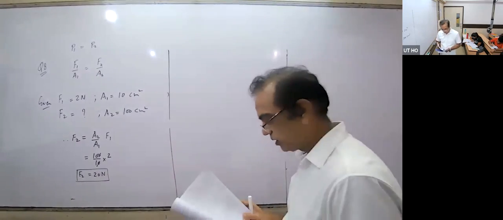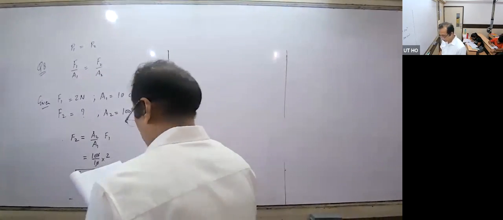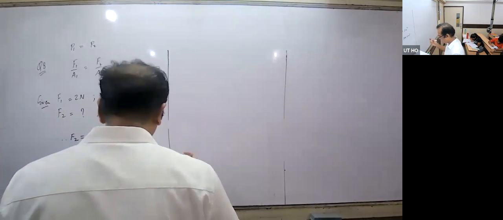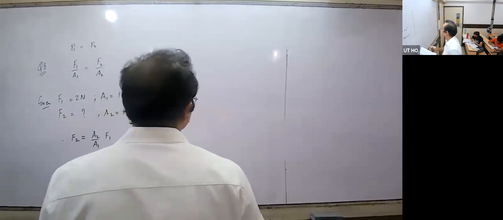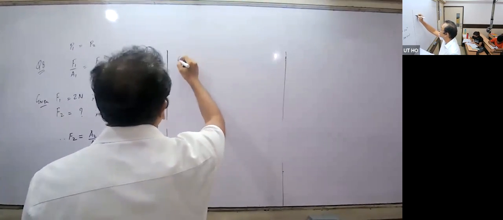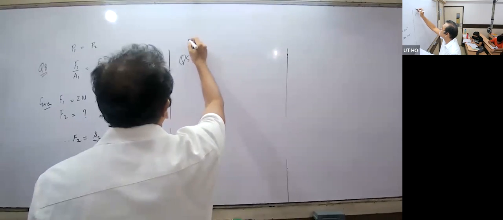Question 5 says, when an air bubble rises from the bottom of the lake to the surface, its volume is doubled. Find the depth of the lake. Application type.